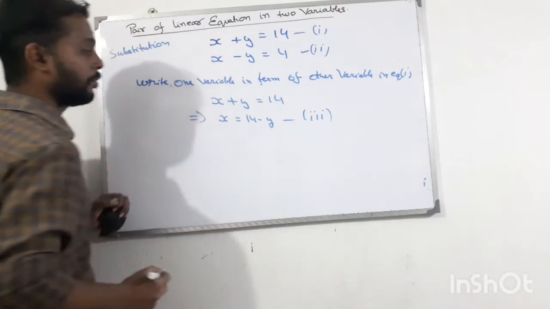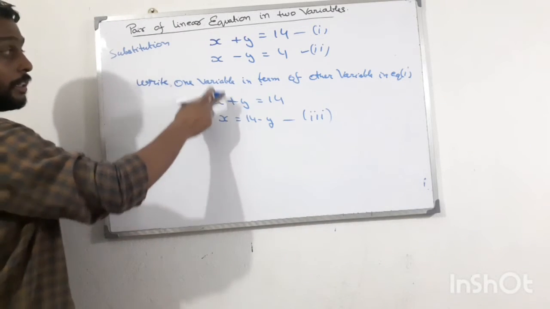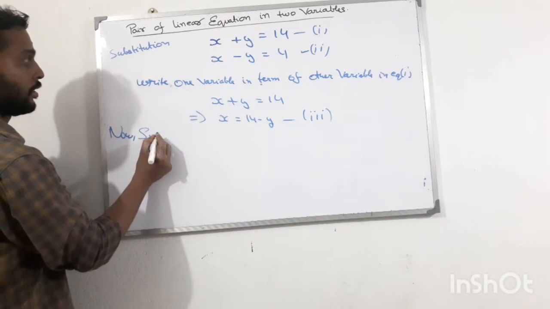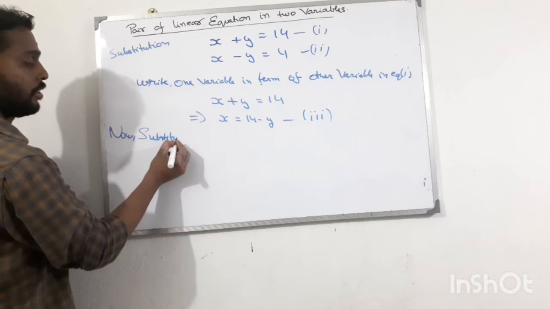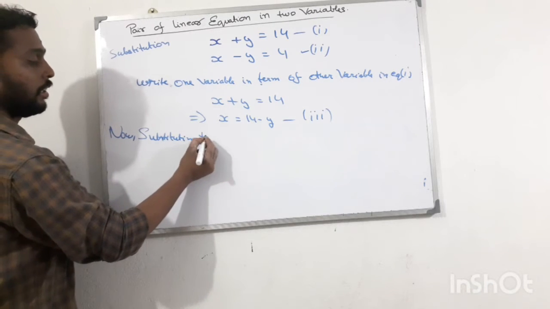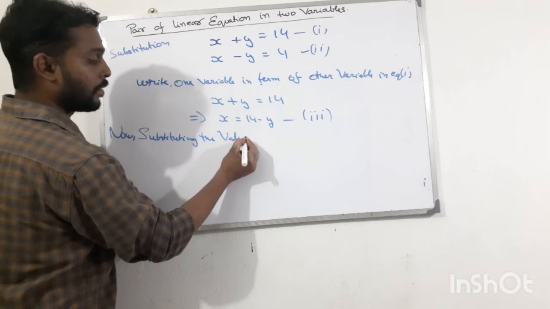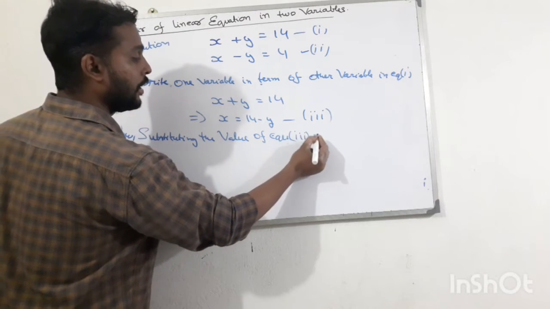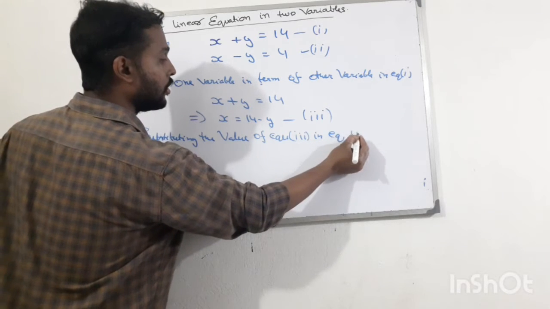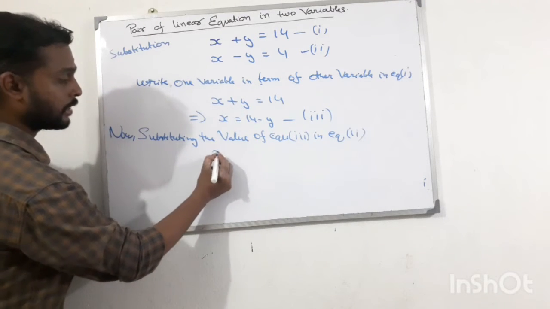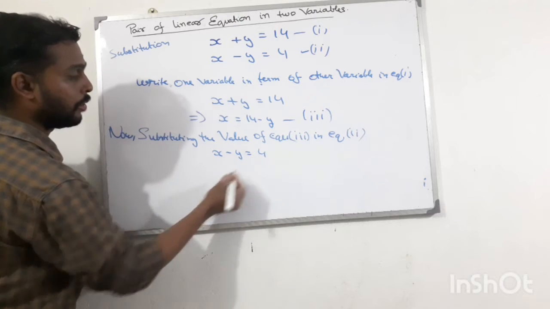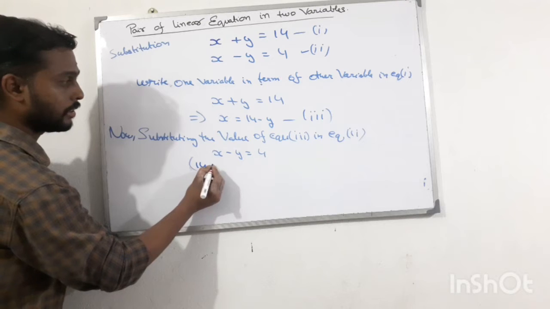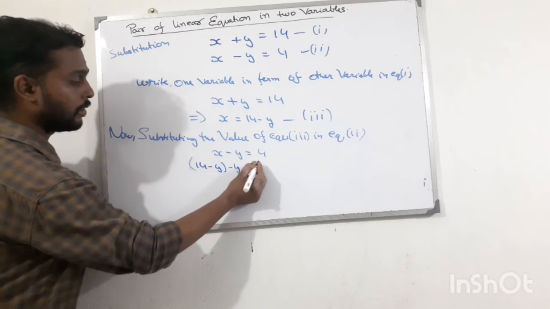Now we can put this value in equation 2, substituting the value of equation 3 in equation 2. x minus y is equal to 4, so 40 minus y minus y is equal to 4.